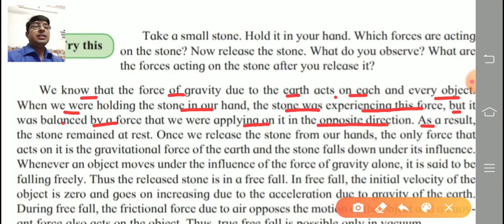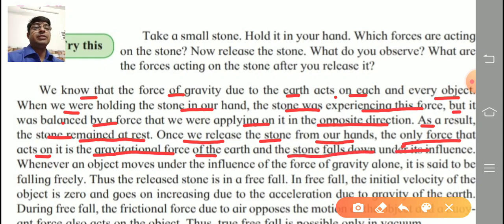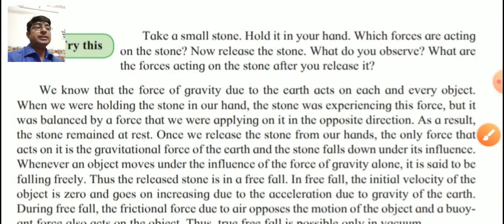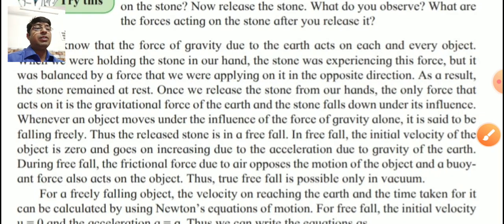As a result, the stone remained at rest. Once we release the stone from our hand, the only force that acts on it is the gravitational force of the earth, and the stone falls down under its influence. Whenever an object moves under the influence of the force of gravity only, it is said to be falling freely. That is called falling freely or free fall.